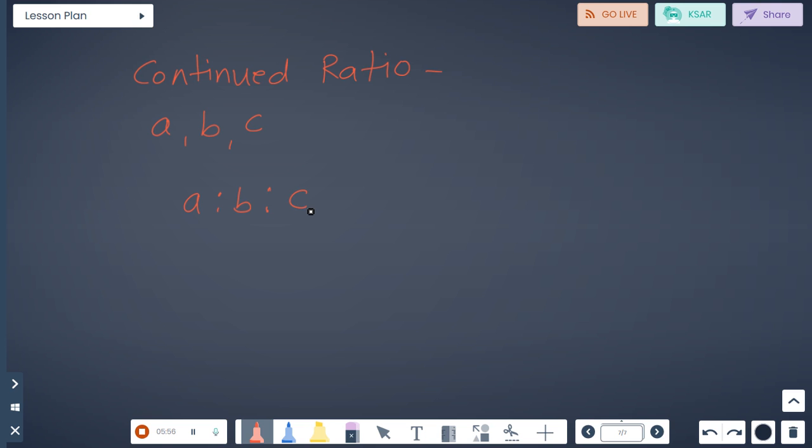For example, if rupees 200, rupees 400 and rupees 600 are in continuous ratio, then this can be written as 200 is to 400 is to 600.